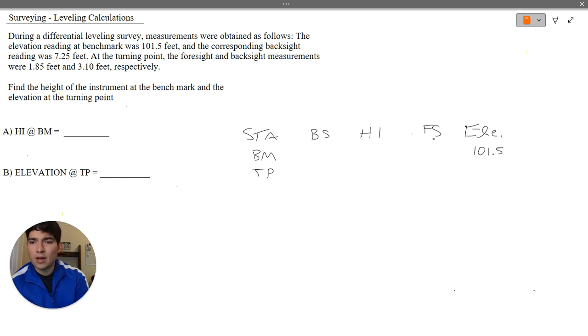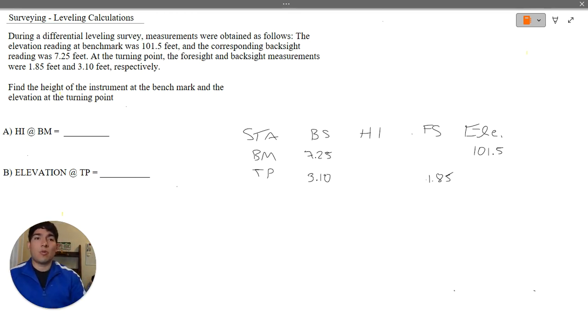And then we have a back sight reading here, which is 7.25. And then for the turning point, we have a foresight and a back sight measurement. For the foresight, we have 1.85. And then for the back sight, we have 3.10. So there's our table filled out.